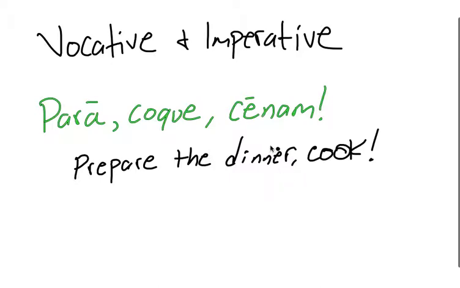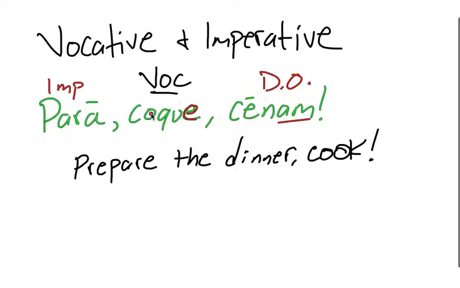Okay, now notice that here is our vocative, coque, right? Because it ends in E. Okay, we change it from US to an E. Para is our imperative, okay, and cenam is a direct object. That's why it's accusative. Now, notice how we put the vocative second, right?